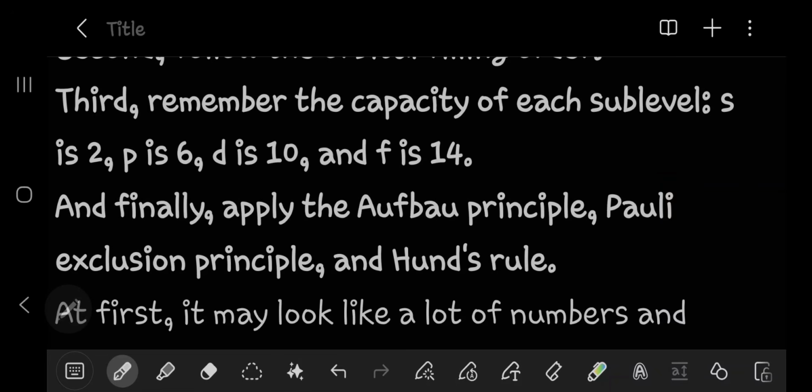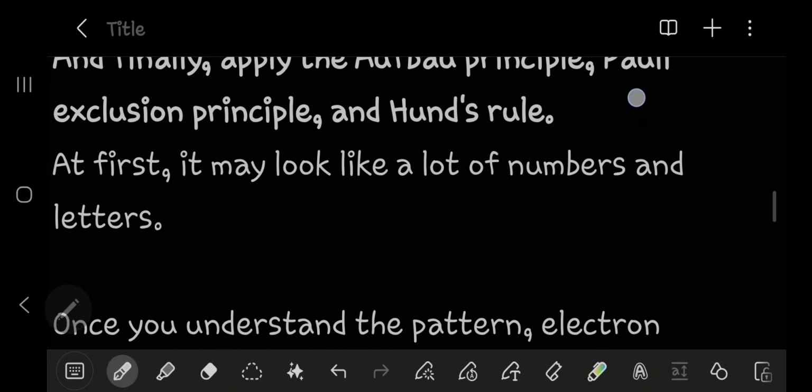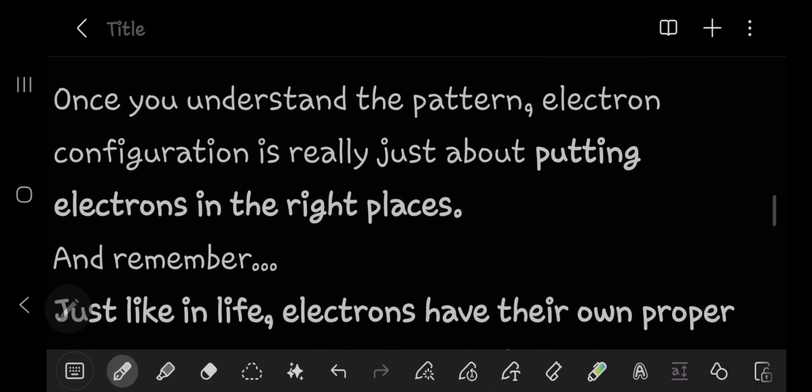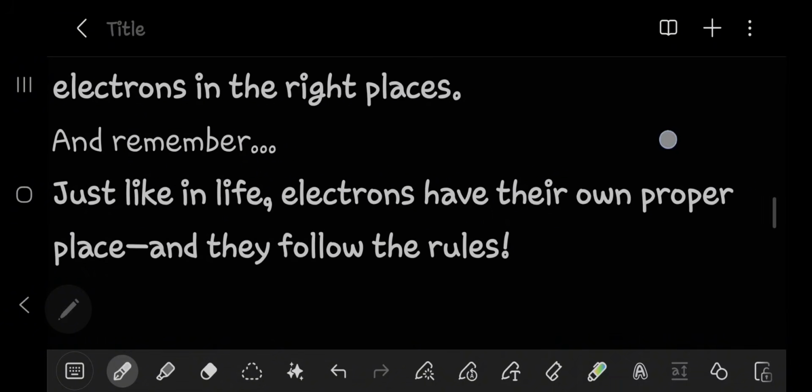And finally, apply the Aufbau Principle, Pauli Exclusion Principle, and Hund's rule. At first, it may look like a lot of numbers and letters. But once you understand the pattern, electron configuration is really just about putting electrons in the right places. And remember, just like in life, electrons have their own proper place, and they follow the rules.